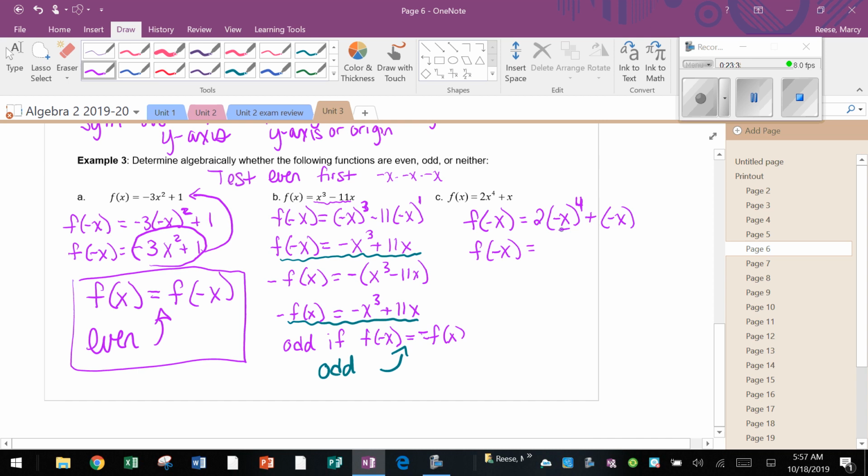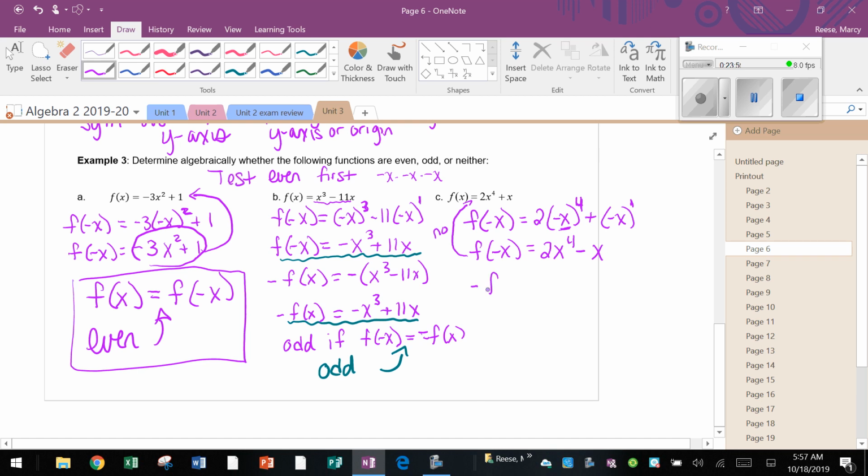That means clearly, because it's an even exponent, that it's going to come out as a positive. But this has an odd exponent, so that's going to come out as a negative. All right, so I'm testing for even, and I see that that does not match. No. So because it doesn't match the original function, it is not even.